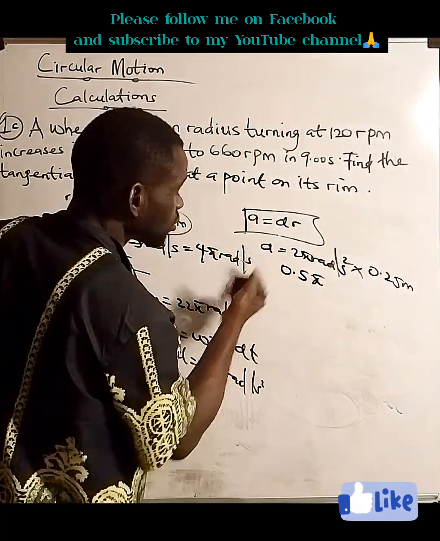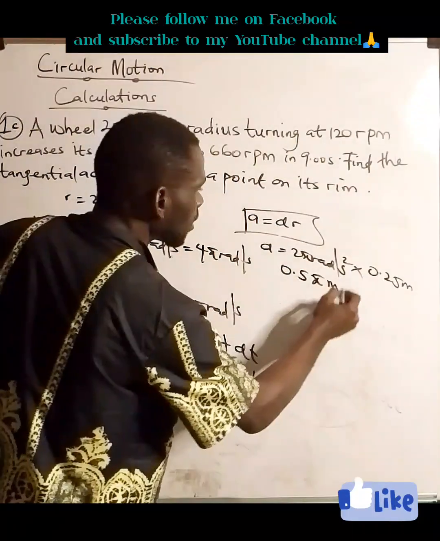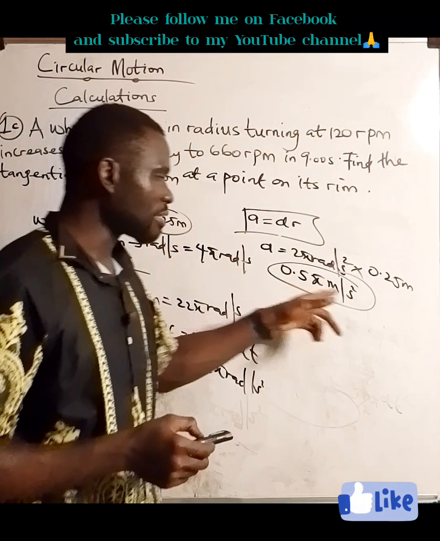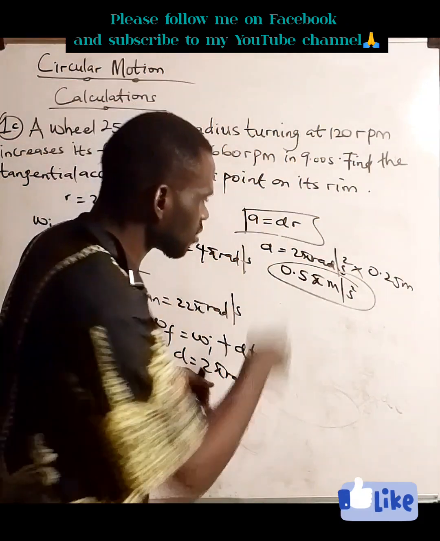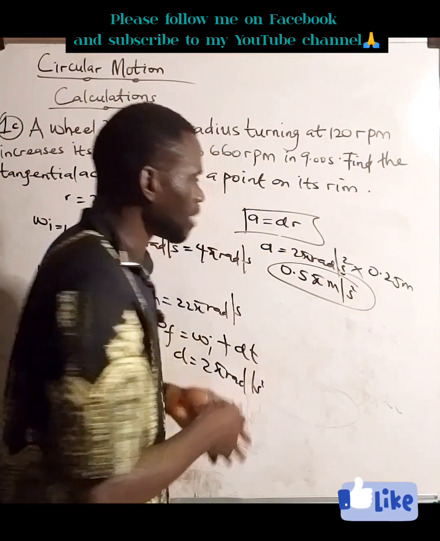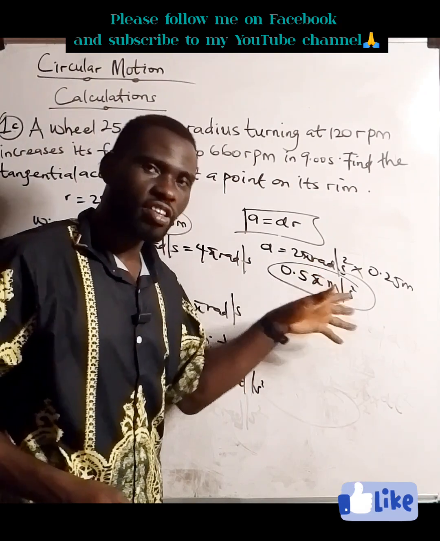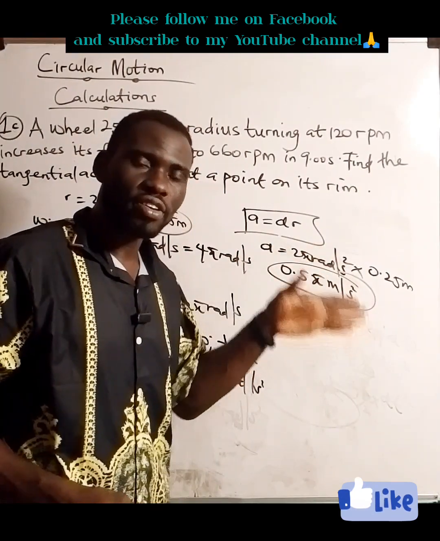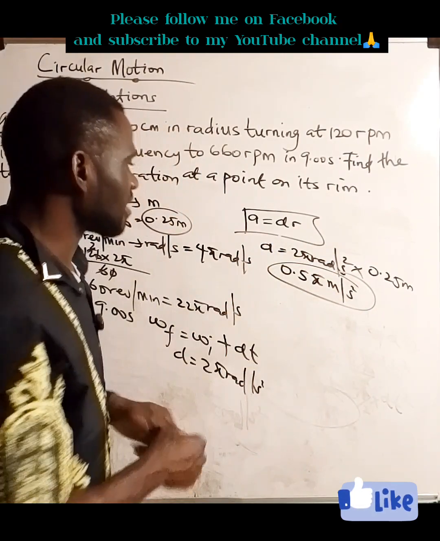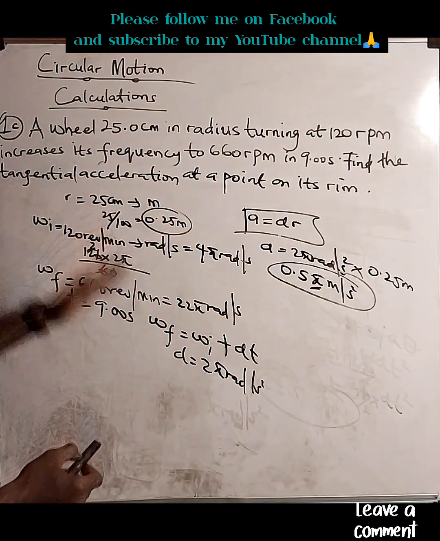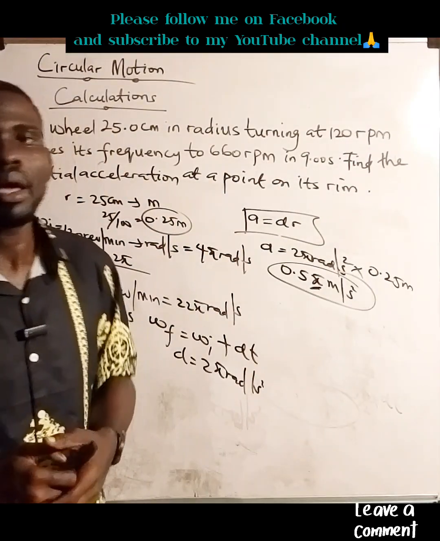This is the tangential acceleration in meters per second squared. So this is 0.5 pi meters per second squared. We can decide to do 0.5 times 22 over 7, or 0.5 times 3.142. It's still going to be the same thing. So the tangential acceleration is 0.5 pi meters per second squared.